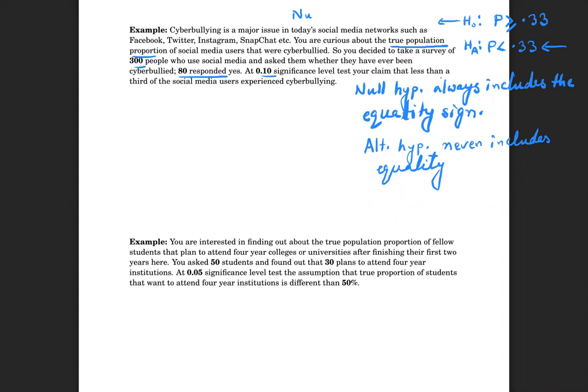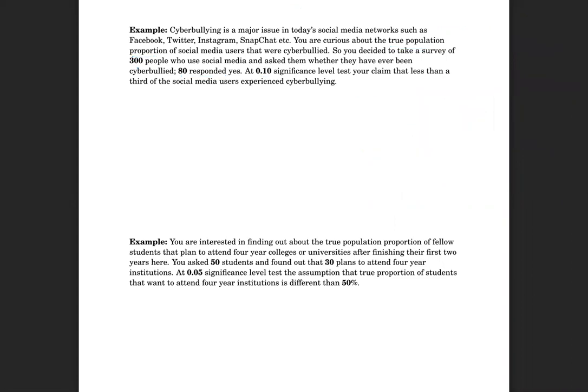So, having said that, let's go ahead and do the null and alternative hypothesis first. Why am I doing it first? You will see. Null hypothesis is P is greater than or equal to 0.33, and your alternative hypothesis H sub A is that P is less than 0.33.